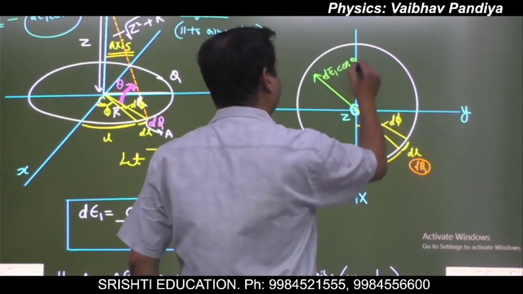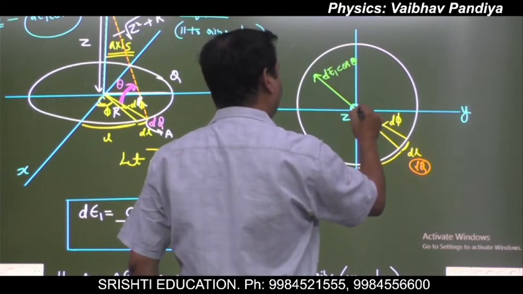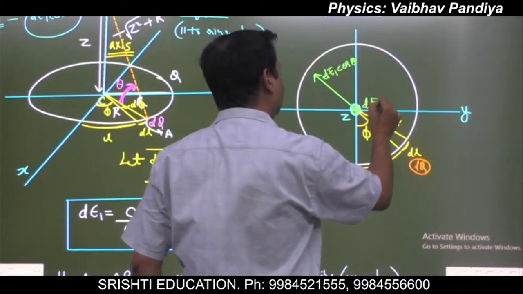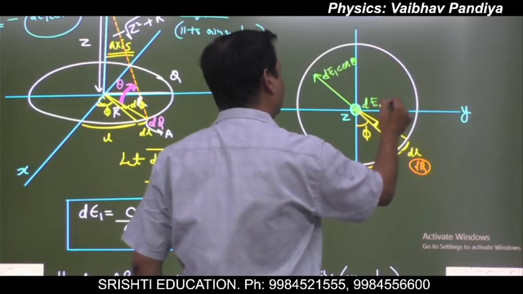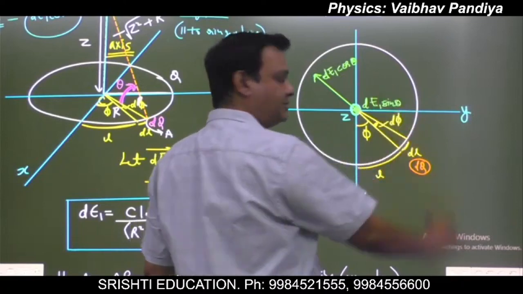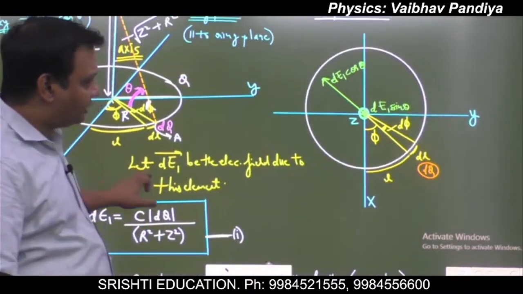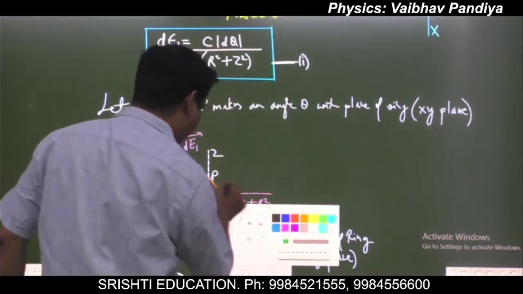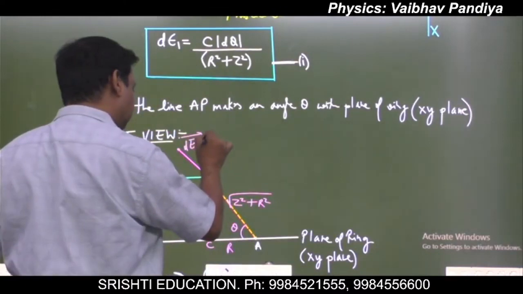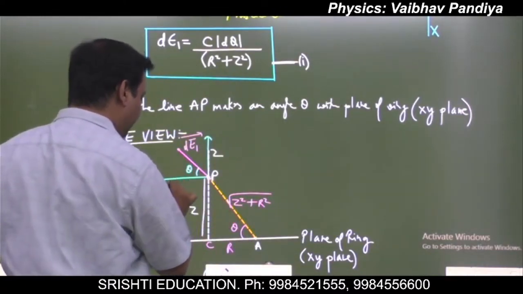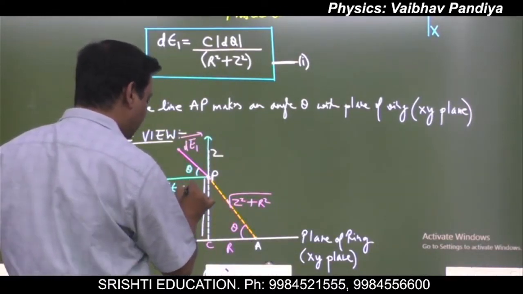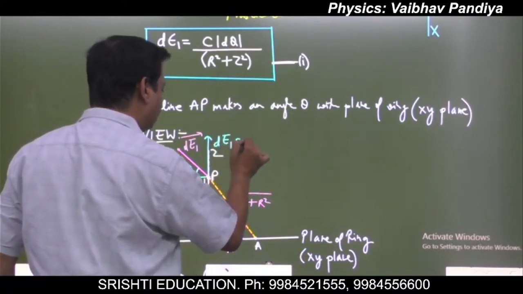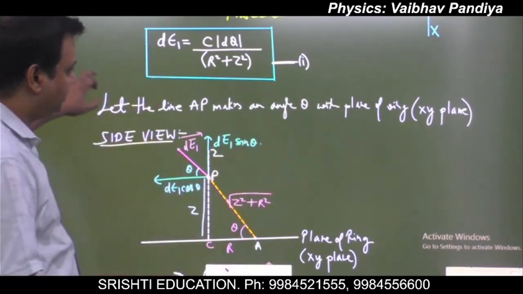And one component will be along the z-axis, which I am denoting as a dot, dE1 sin theta, correct? Now you can further resolve. If in this figure you want to make, you will see the component like this. If this angle is theta, this will be theta, this will be dE1 cos theta, and this will be dE1 sin theta in the side view.